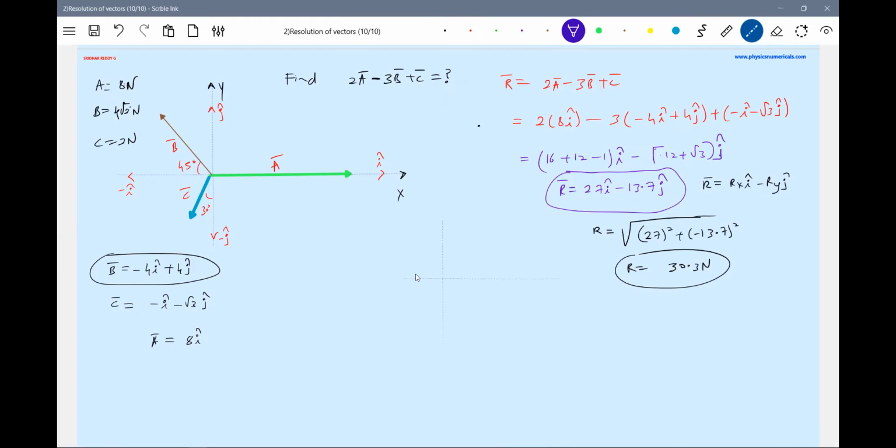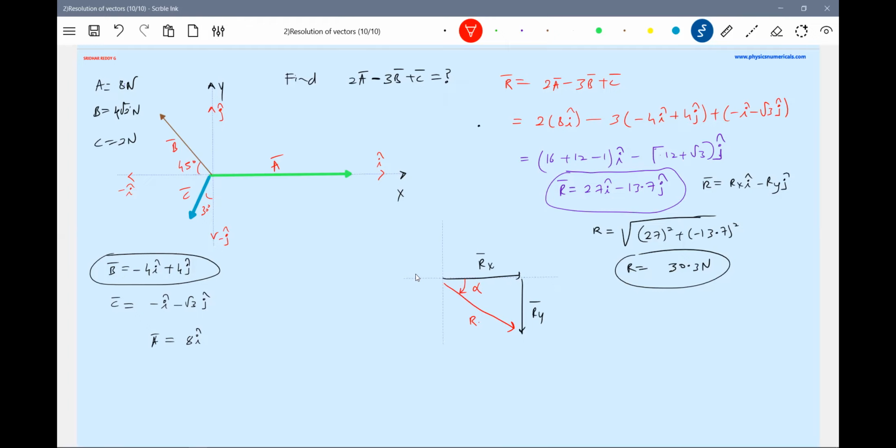The triangle has to come in. So this is Rx, this is Ry. The triangle will be here. So how can you show that the triangle will be in the fourth quadrant? Let this be alpha.